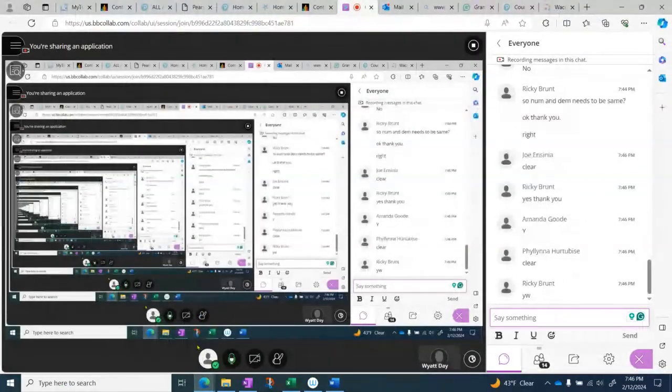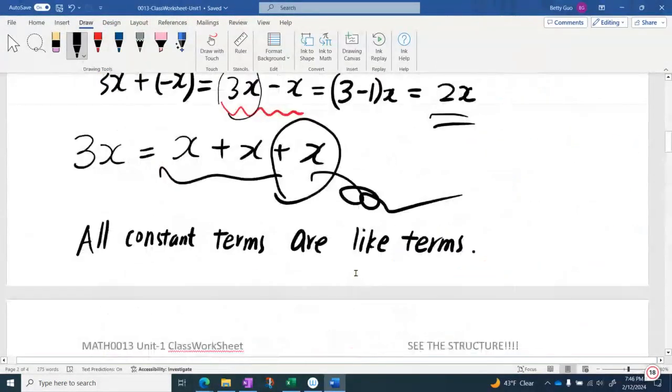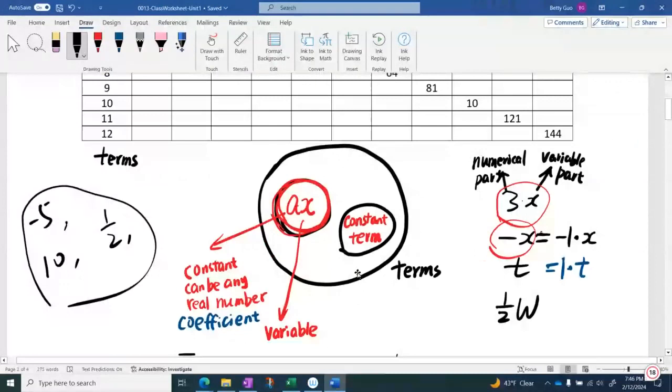So it's 9:46, we have 4 minutes. Now let's summarize what we have learned today. We learned terms, 2 types of terms. In the first 3 chapters, we do not have to worry about the definition of a general term. We only deal with those 2 types of terms. The first type is a number times a variable.